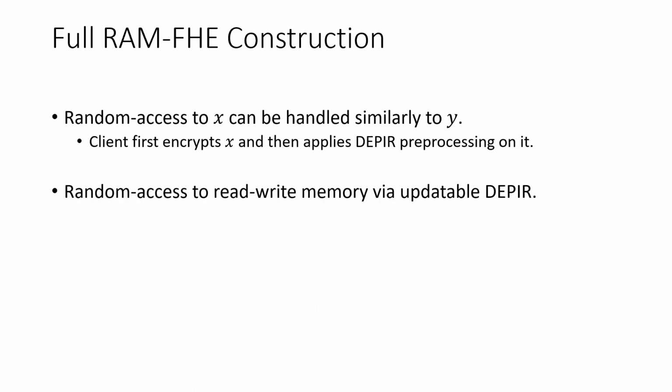Providing random access to read-write memory is more challenging because now we are not only encrypting the memory, we also want to efficiently write to the memory. It's a small size memory, right? No. This is the full construction. So the program can use large memory, and we still want the homomorphic evaluation time to be proportional to the program running time in the RAM model.